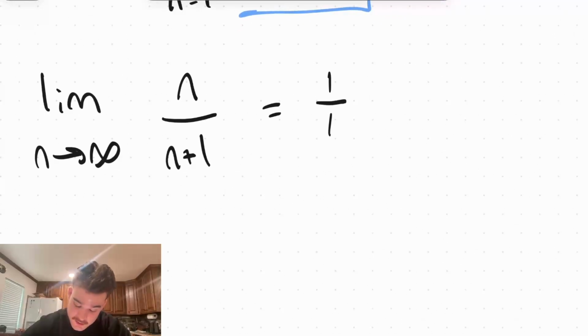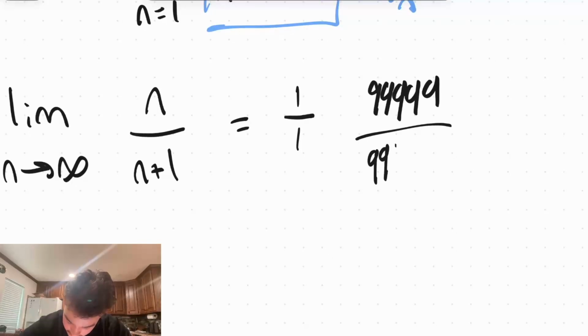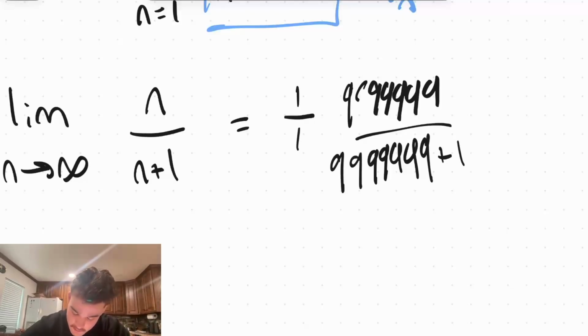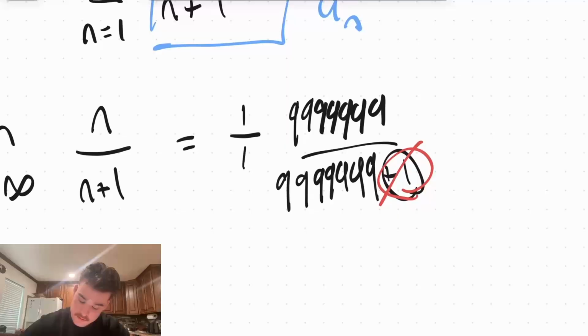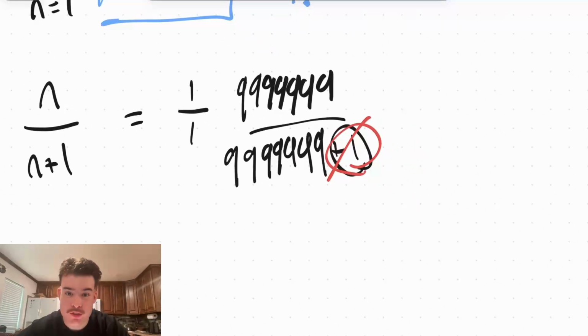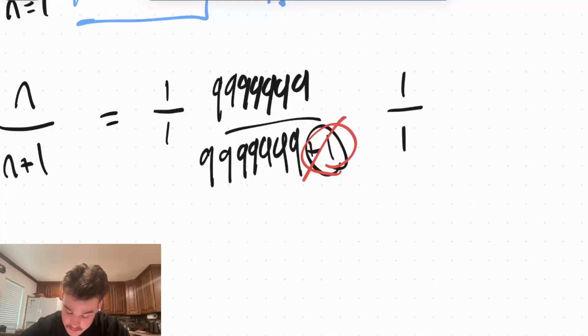Infinity is not a good thing to write, so like 99999 over 99999 plus 1. But as more and more nines get added, this 1 is going to matter less and less. When you end up having 100 nines, it's going to be pretty much the same number on top and bottom. So we call this equal to 1.